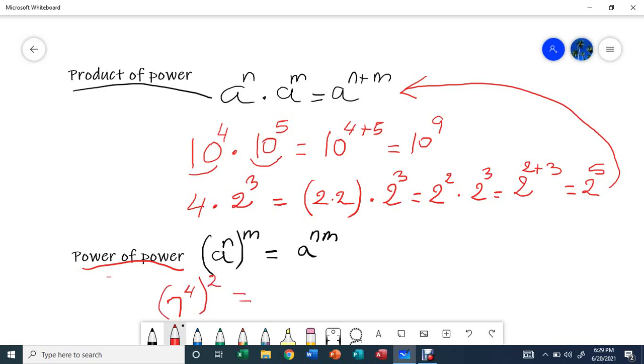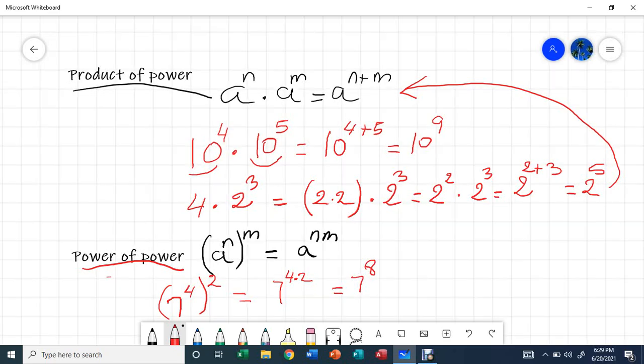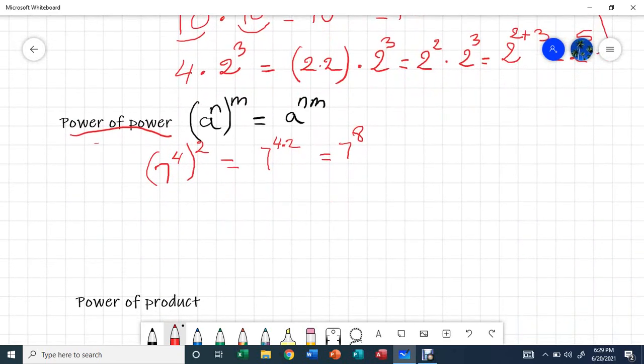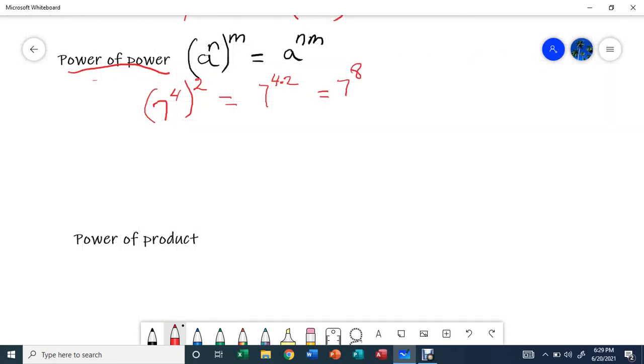So 7 is the base, and you raise it to the product of the powers, 4 times 2, which is 7 to 8. Let me move this up and have some space.